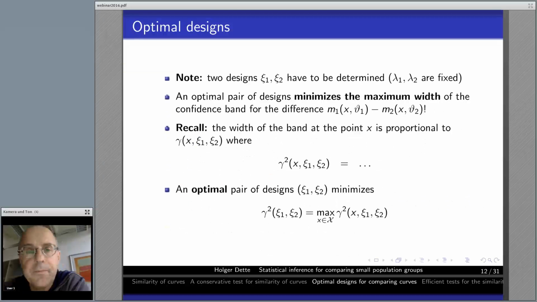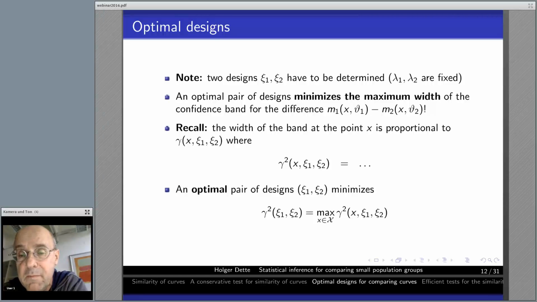Remember that the width of the confidence band is proportional to this quantity gamma, which depends on the point x where we evaluate the confidence band, and it depends on the two designs. I don't give you the formula. But an optimal pair of designs will minimize the maximum width of the confidence band.